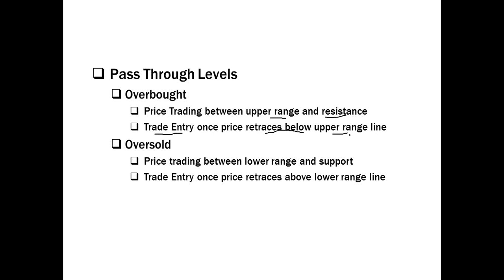And remember, the upper range line can also be called our trigger line. And oversold, when things get into oversold territory, just means the price is trading between the lower range line and support. So we're looking for price to retrace above the lower range line, also known as our trigger line for our entry.